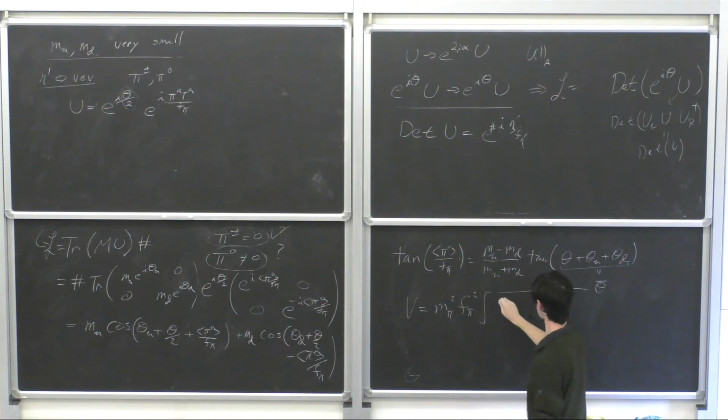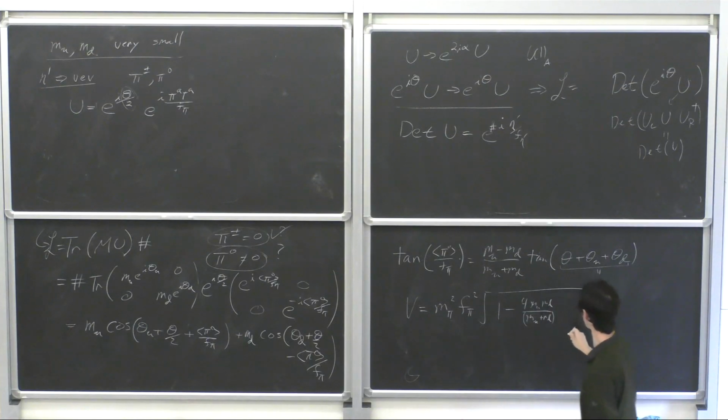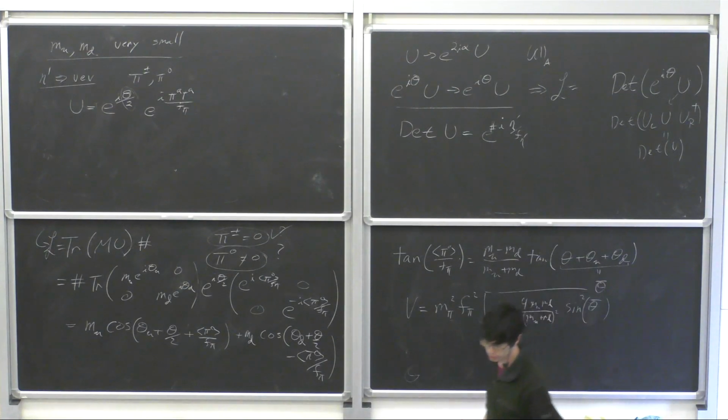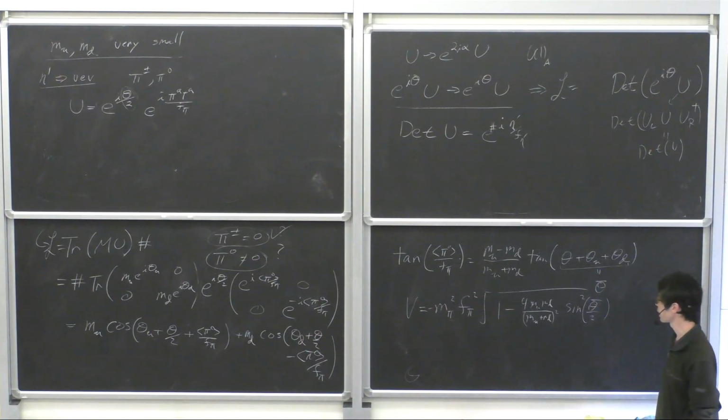Square root of 1 minus 4 mu md squared sine squared of theta bar, is that theta bar over 2? I feel like it probably is. Over 2 with a minus sign.